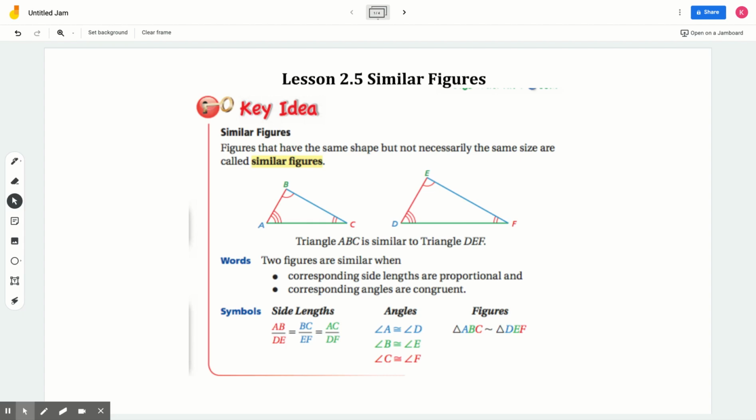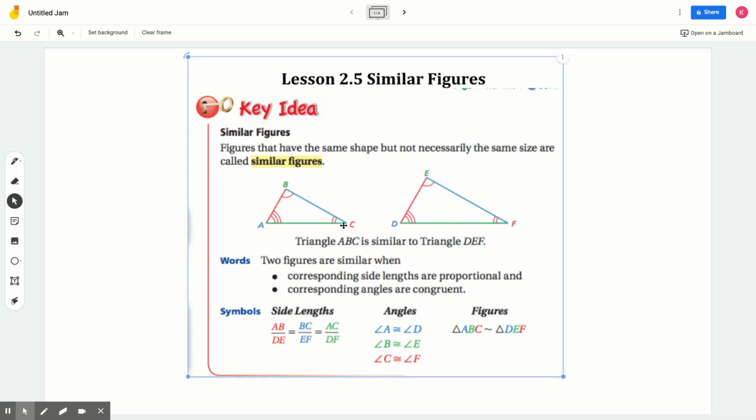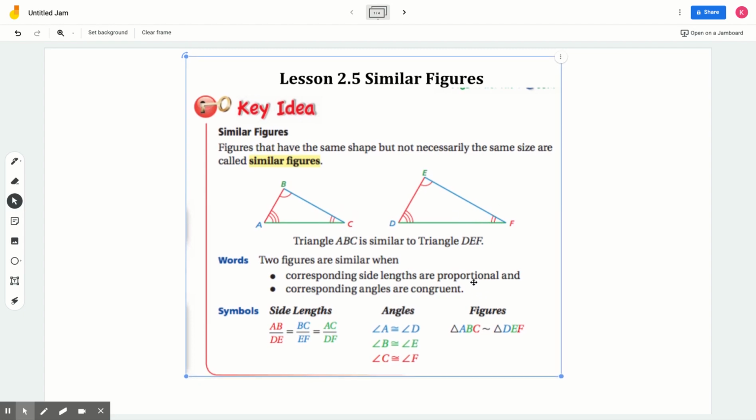Here you see that the angles have stayed the same. They are still congruent, or equal, but the side lengths are now proportional. Each side is growing by the same factor each time. So let's take a look at a few examples.